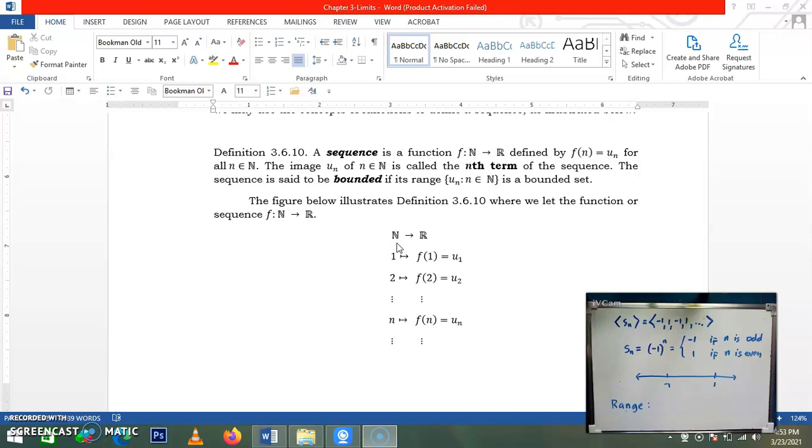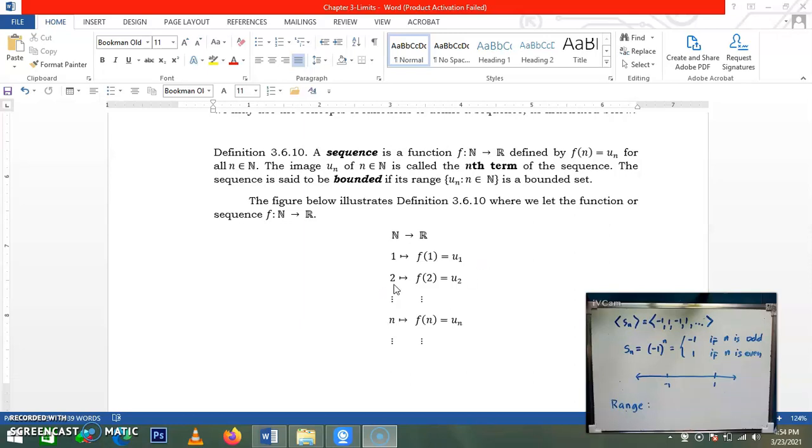Notice here the set of natural numbers is our domain. So every natural number is assigned to a unique term in the sequence. Say we have 1, the range, or the image, is f of 1, which is equal to u sub 1, where u sub 1 here is the first term in the sequence.